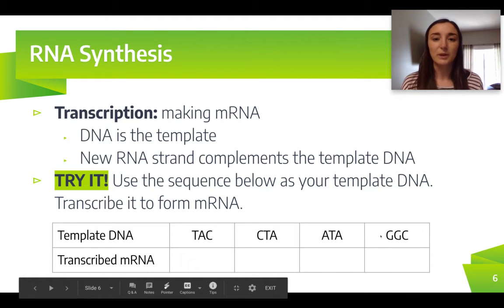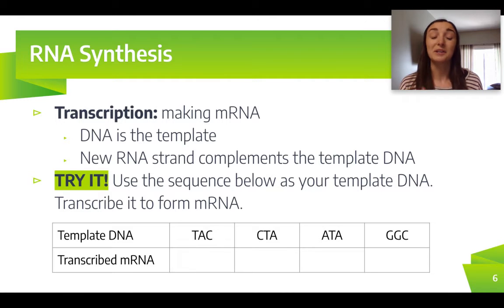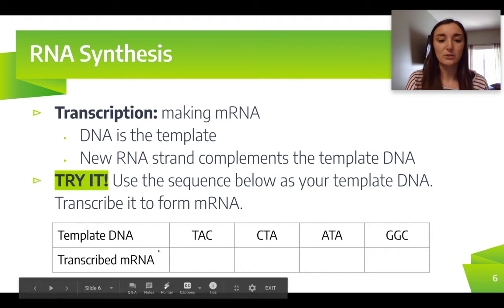Remember, there are a couple of important differences between DNA and RNA. One of the most important ones here is that DNA has thymine, T, but RNA has uracil, U. So anywhere that a T would have matched up, we're instead going to put a U because we're making an mRNA sequence. Let's do the first one together.